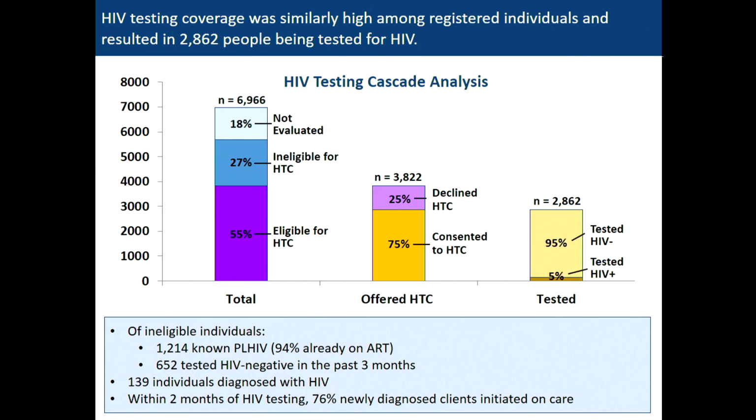Of those who were eligible for HIV testing, 75% consented, and among that 75%, 5% tested positive and 95% tested negative. In total, we diagnosed 139 individuals with HIV, and 76% were initiated on care.